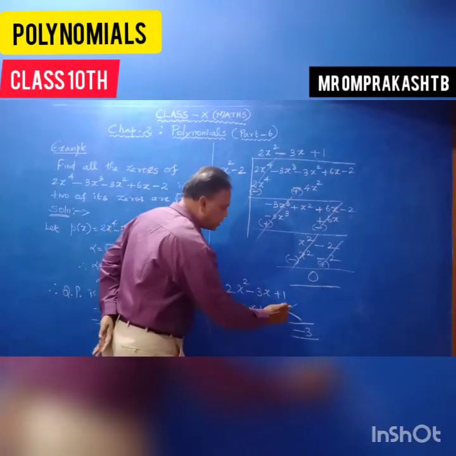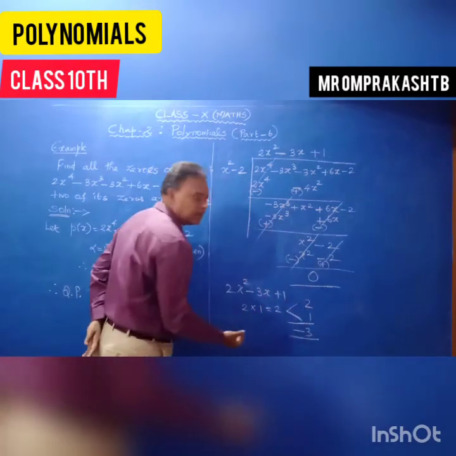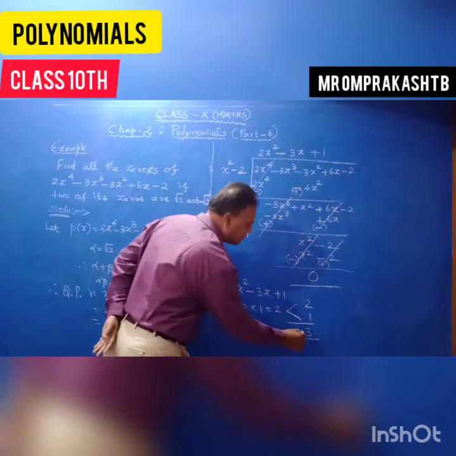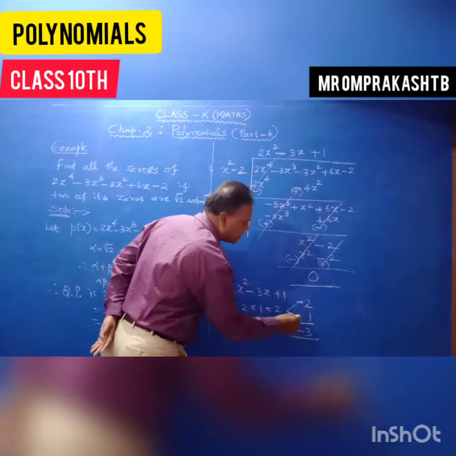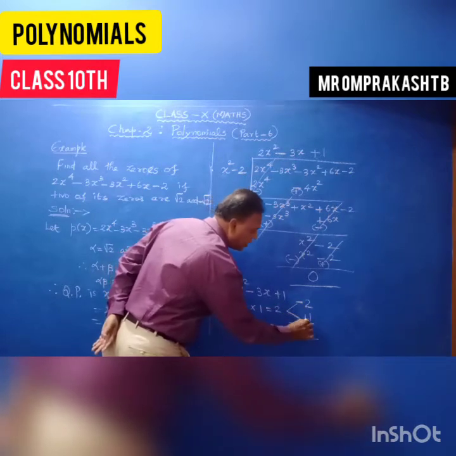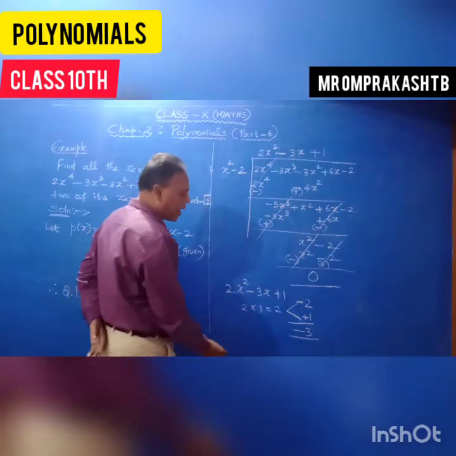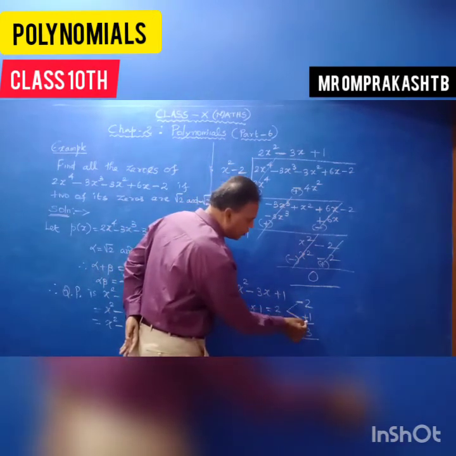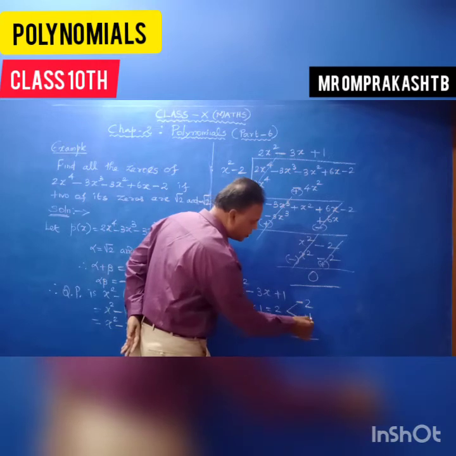Now you have to split this factor, 2 into 1. Okay, very simple. 2 is 2 into 1. Now here minus symbol is there. So biggest number you give minus symbol. Lowest one you take it plus. Okay, now you add and see. Minus 2 plus 1 minus 1.